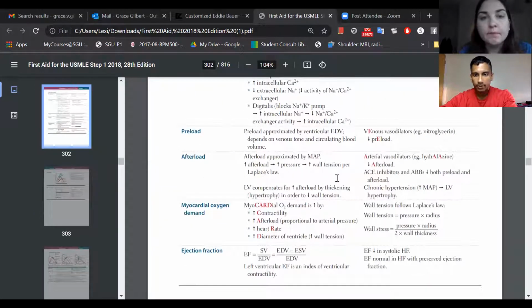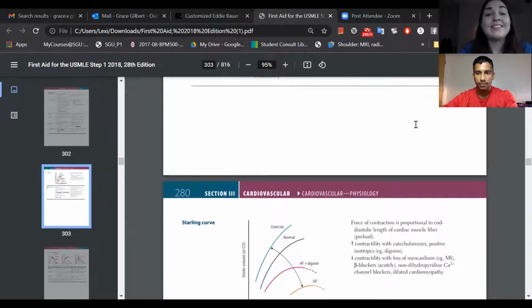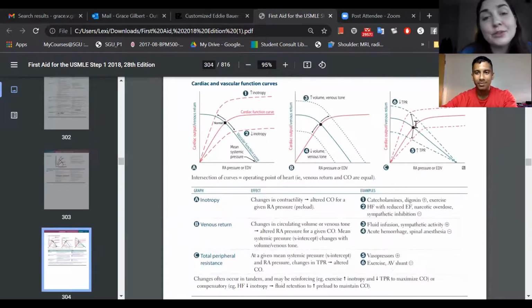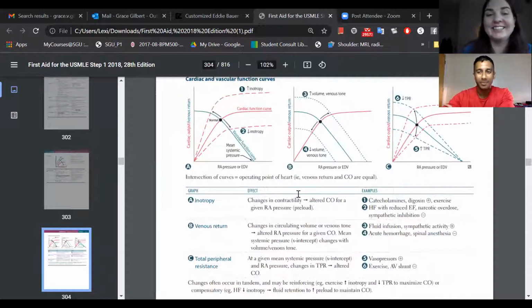So preload can be approximated by ventricular end diastolic volume, right? So how much is left after you filled. But the amount that's going into that filling is also in your right atria, right? You can't get to your ventricle without that. And that part I'm a little rusty on, so that might not even be true. But that's my understanding of it, okay?